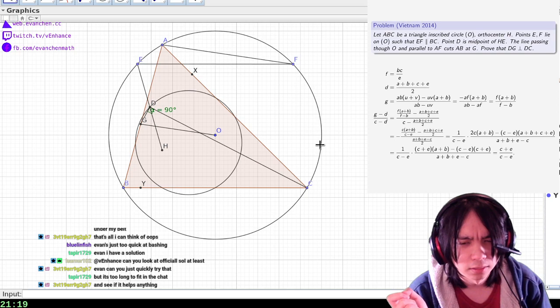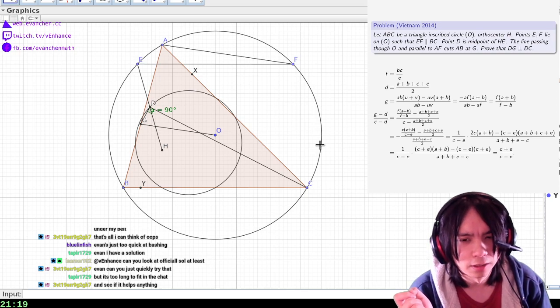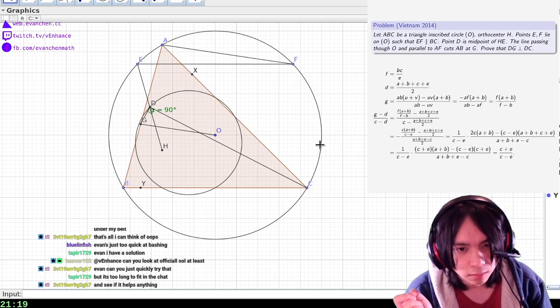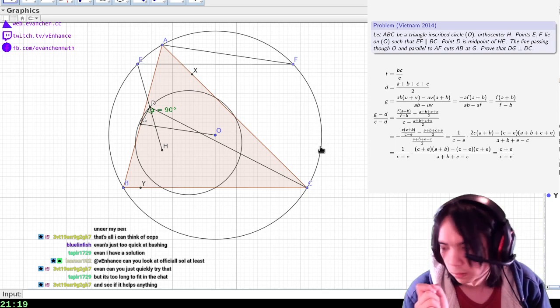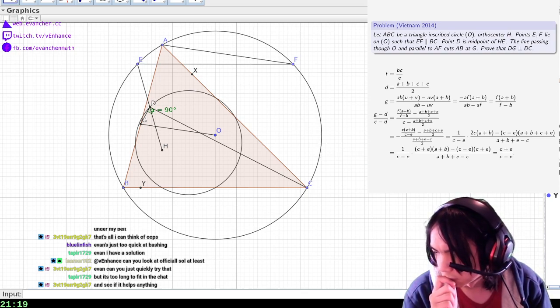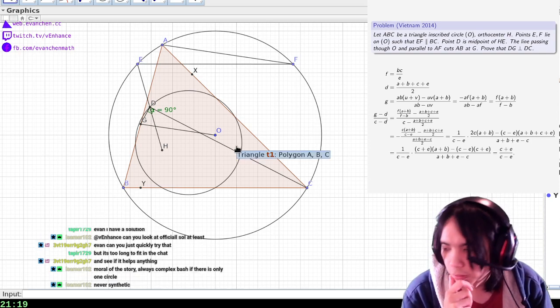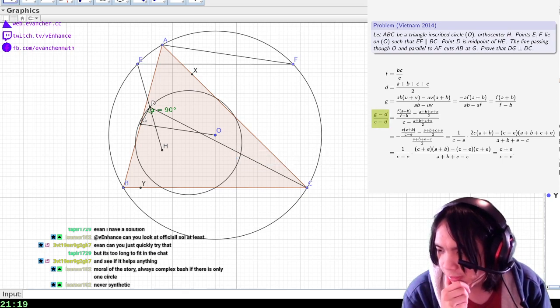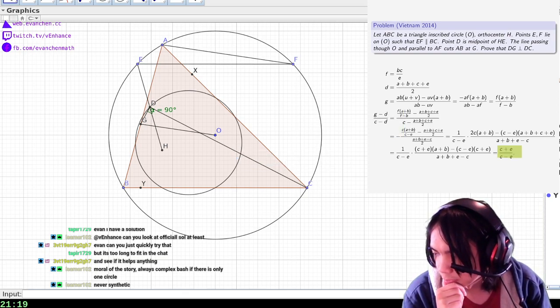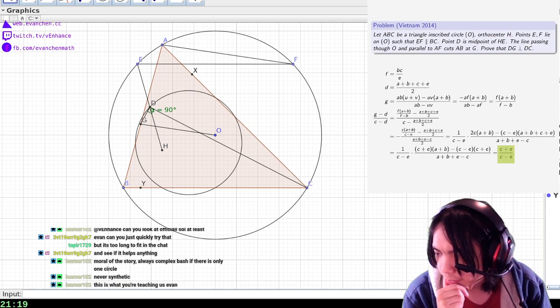Hang on. Oh, really? Interesting. Okay. The fact that this thing is equal to this thing suggests to me that there's some spiral thing in the synthetic solution.